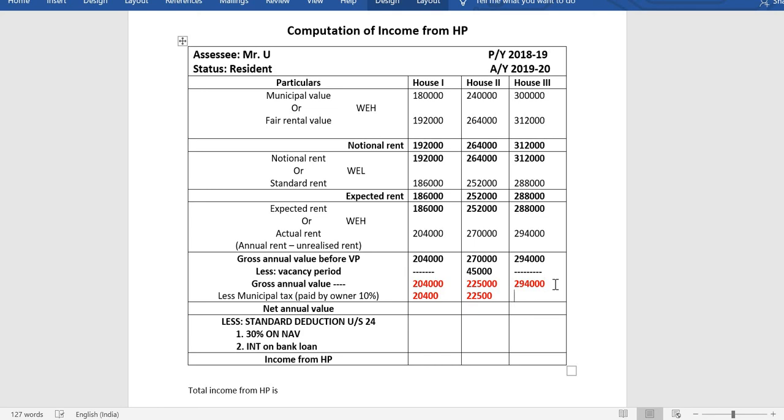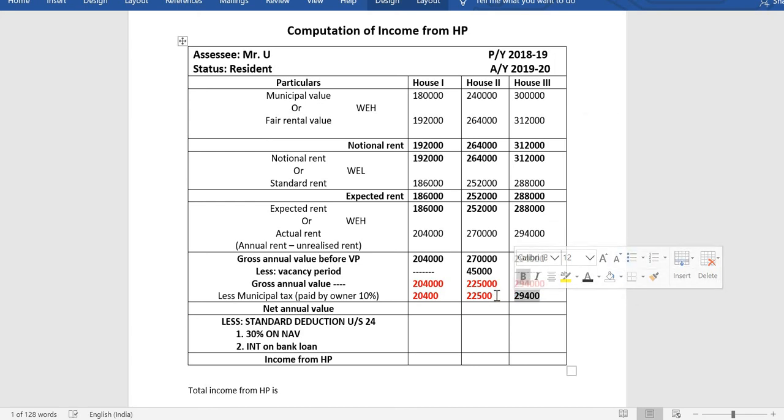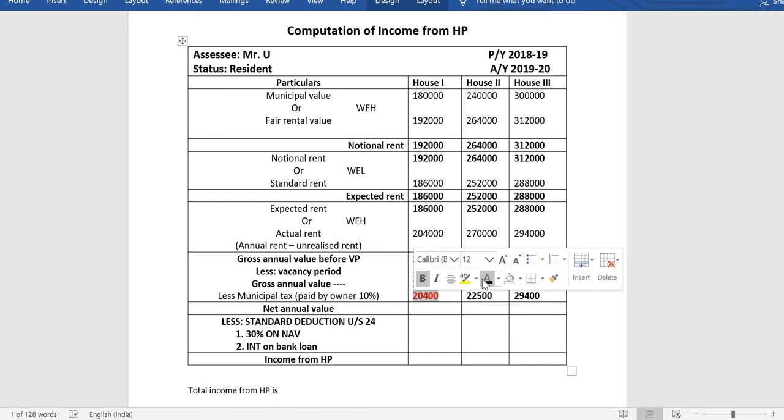Then 10% of 2,94,000 for house 3 is 29,400. So this is the 10% tax.